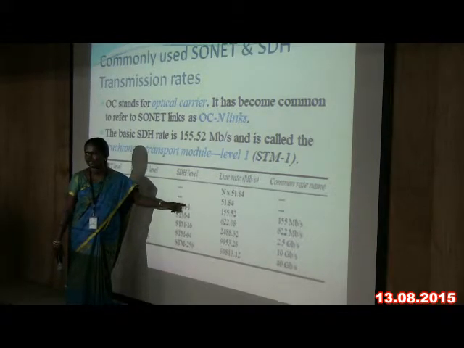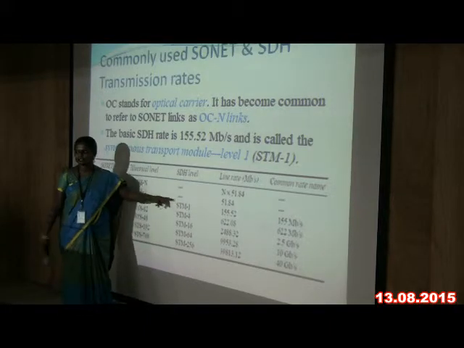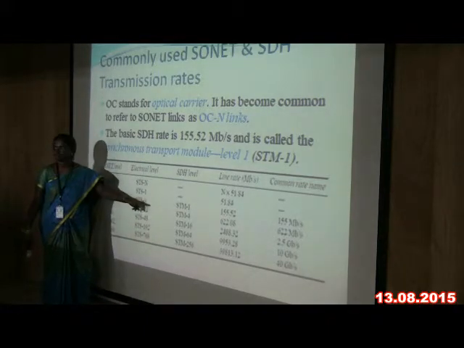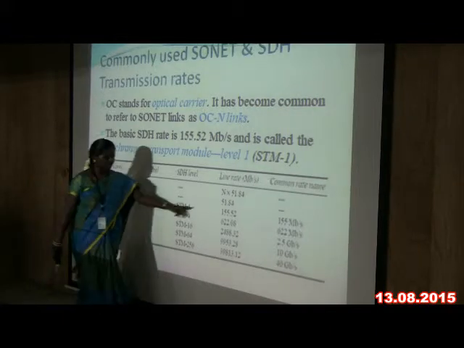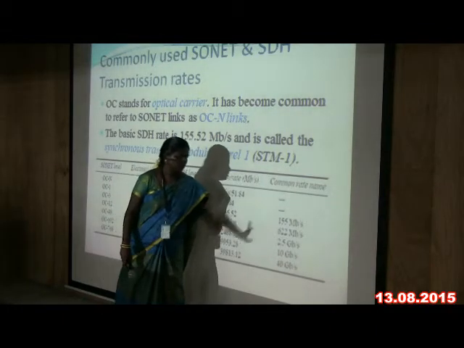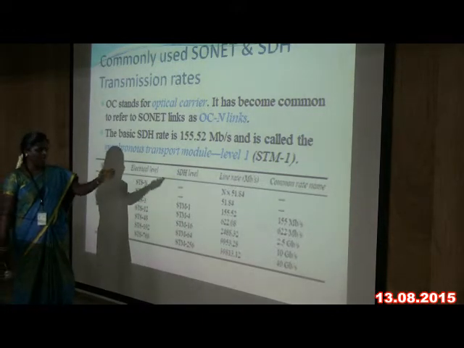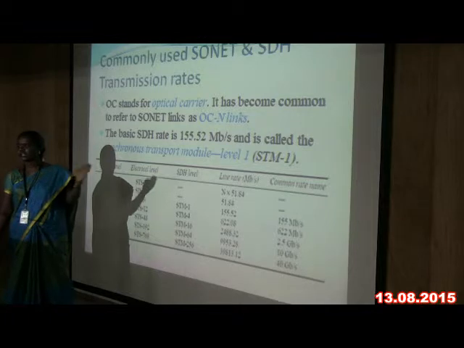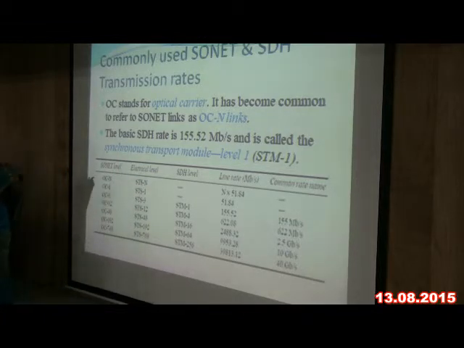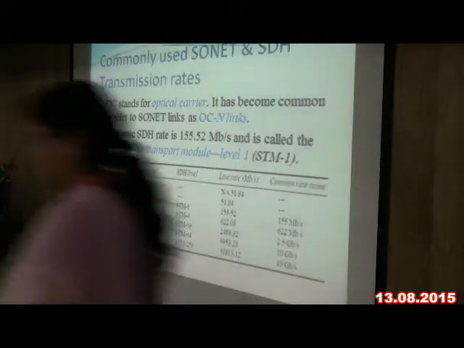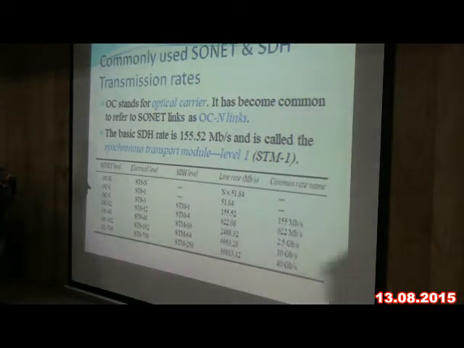The basic data rate for SDH starts from the STS-3 value, 155 megabits per second. In this way, we calculate the levels. Data rates are calculated as the initial data rate times the level. For example, for STM-12, we calculate the initial data rate into 12.